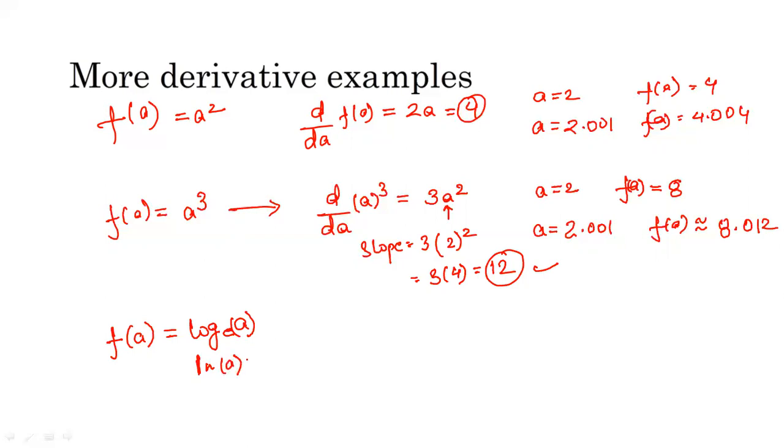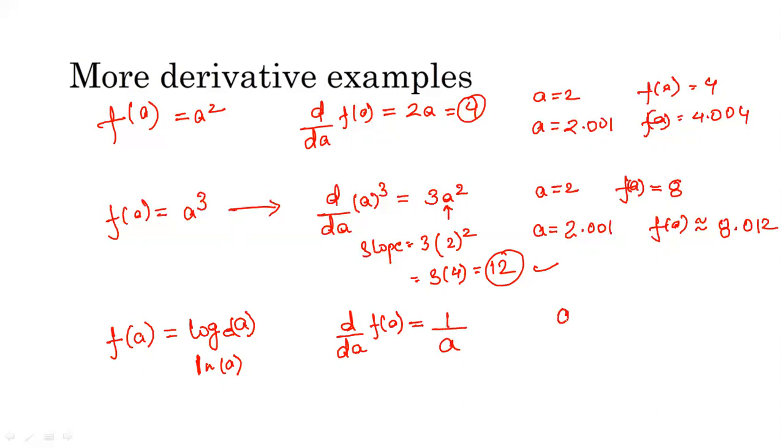Now if you want to find the slope of this function, find the first derivative of this function. The first derivative, d of f of a with respect to a, equals 1 upon a.